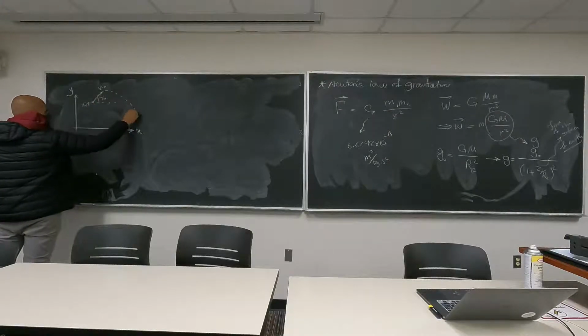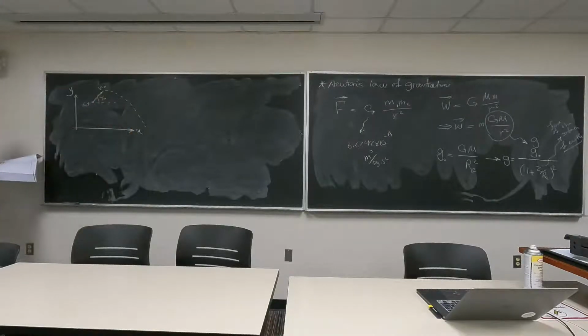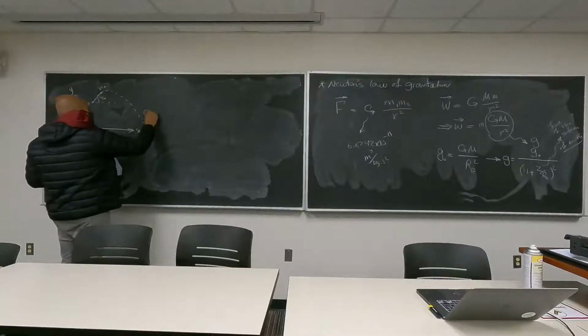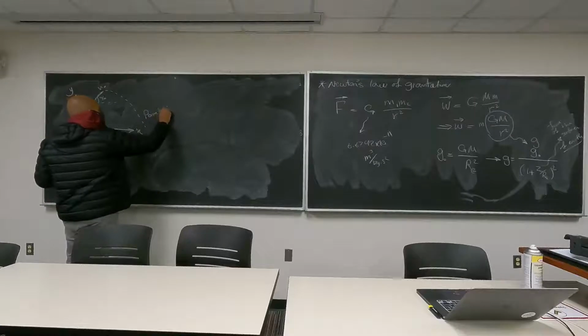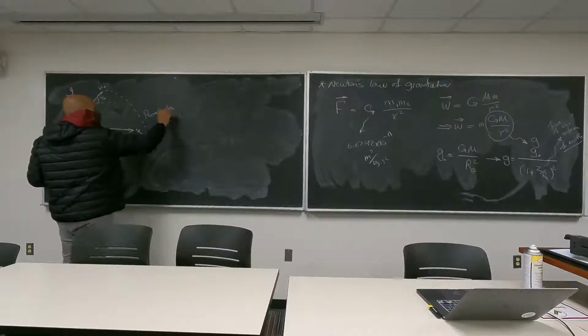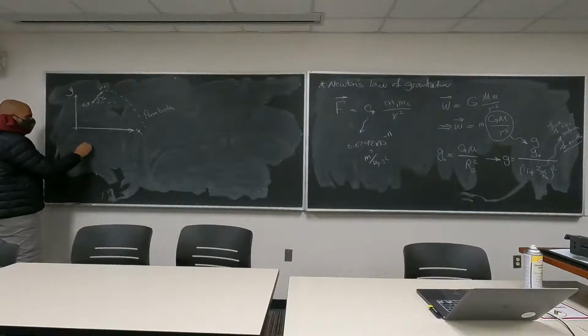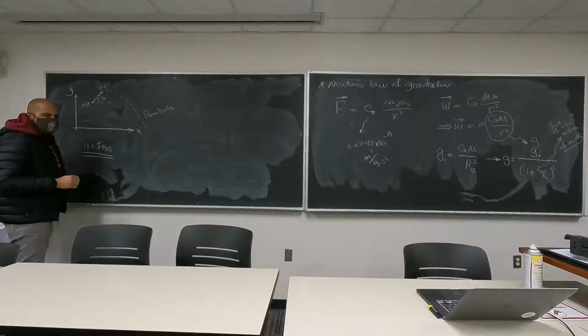You want to show that this trajectory is a parabolic trajectory, or a parabola. Essentially we have to find the equation of y as a function of x. This is what we are looking for. We want to find the trajectory, right?